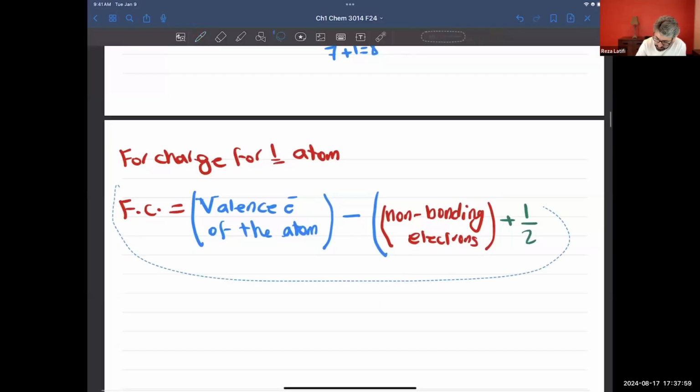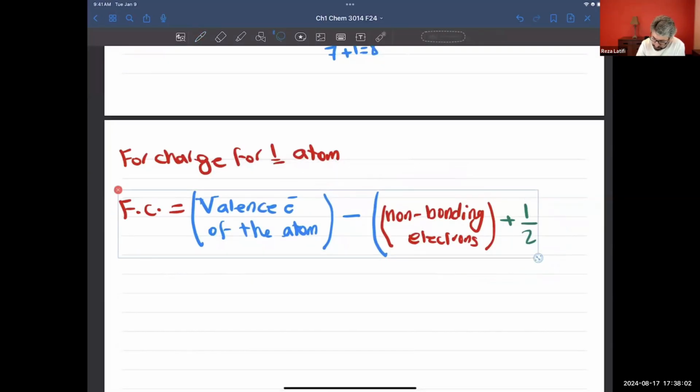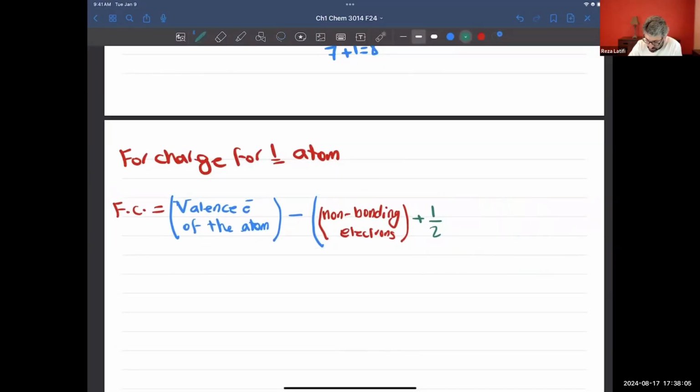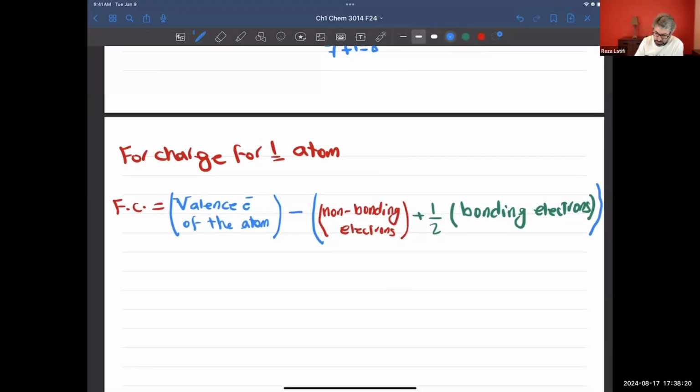I need more space, so let me shrink those. Plus half of bonding electrons. And close this one.